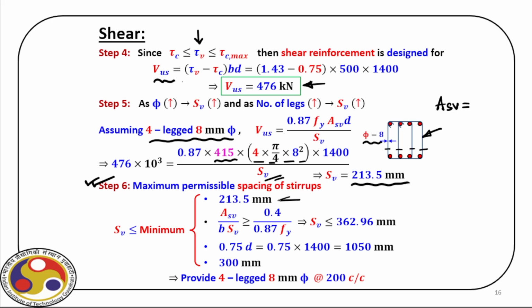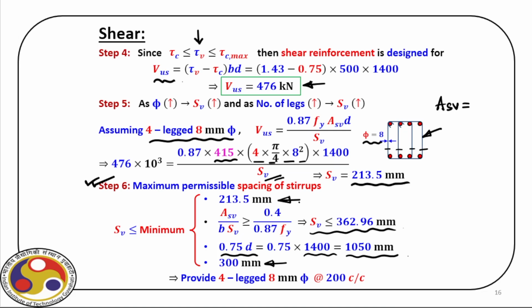So now we have to find out the minimum requirement, and for that we have 4 options. The first one is obviously 213.5. Then the second one, based on this expression, we have to find out the spacing, and that spacing is 362.96 millimeter. Then in this problem we have to go for 0.7D. So 0.7 times 1400 is 1050, and then ultimately the last one is the 300 millimeter. So the minimum of all this is what we have found out, and that is 213.5.